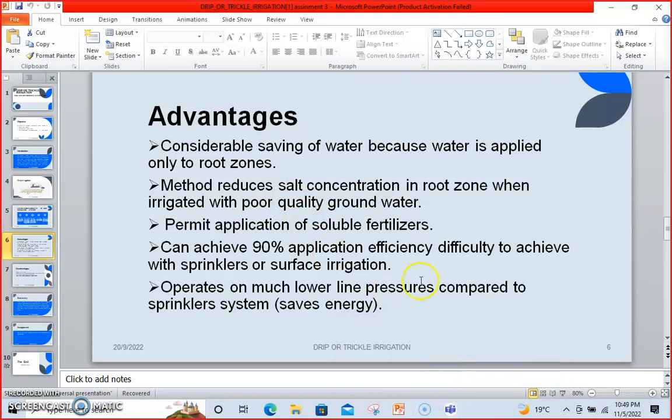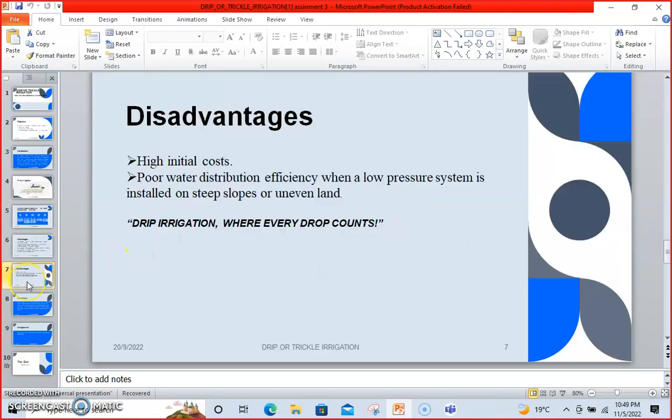We can also say it is efficient compared to the other types of irrigation. Then it operates on much lower line pressure. That means that the other types require a lot of energy. With this one, if you raise the tank, you can easily get the required pressure, which is very low.